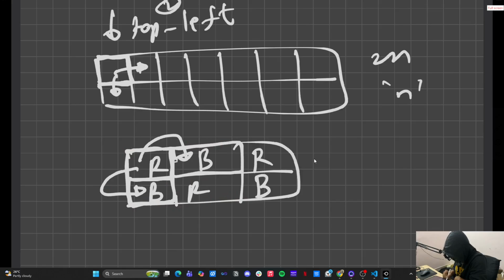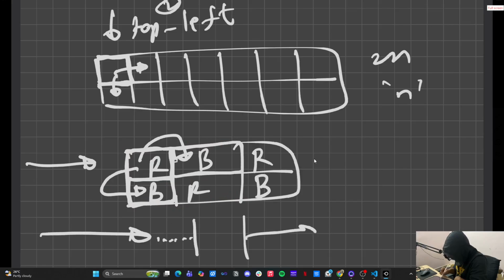The reason is that since I'm starting from the top left, I'll be solving the problem from the left-hand side, so the back side is already solved and the front side I have to solve. That's why I'll take this pair if they are not equal.